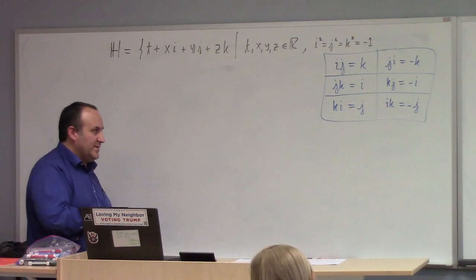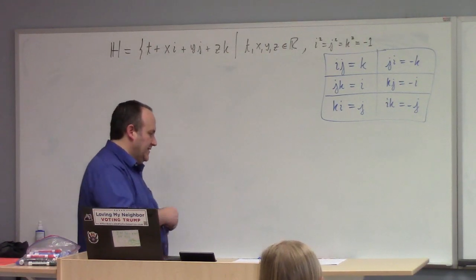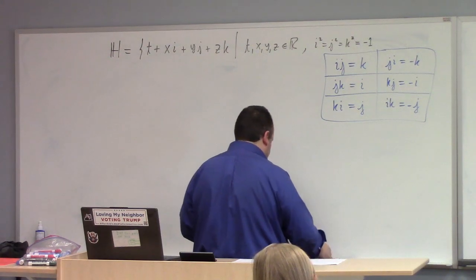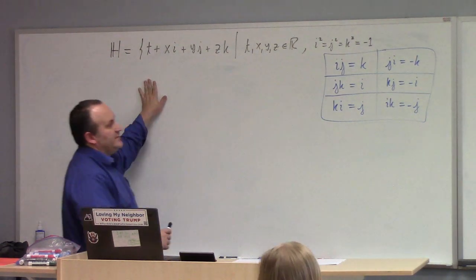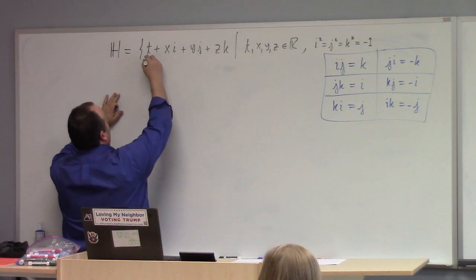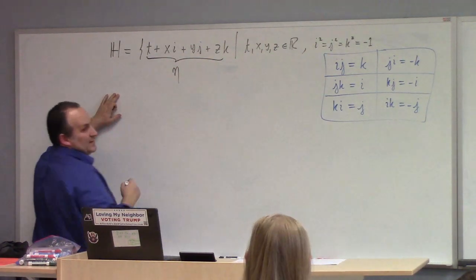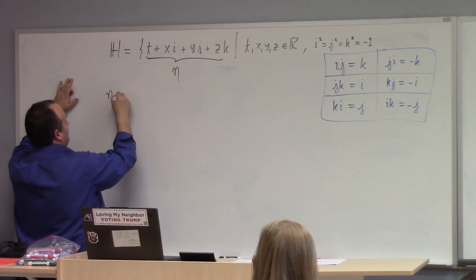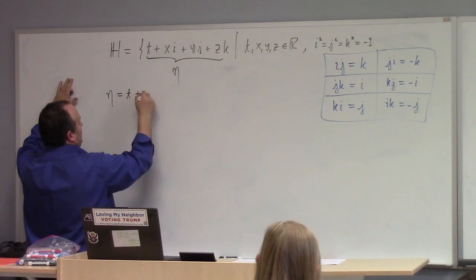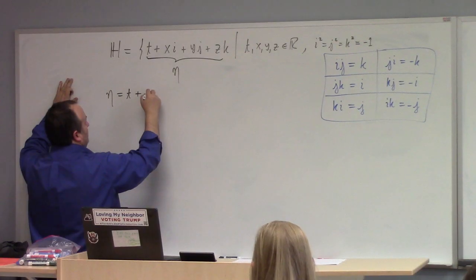Because our vector formalism replaced the quaternionic formalism about 1900 or so, through the work of Oliver Heaviside and I think Gibbs. I'd like to know more about that history. I don't know enough yet. But anyway, so let me actually work out the multiplication of the quaternions. So if I call this thing, let's say, eta, I can write eta as equal to t plus, if you'll allow me this notation, I'm not sure what the right notation is.